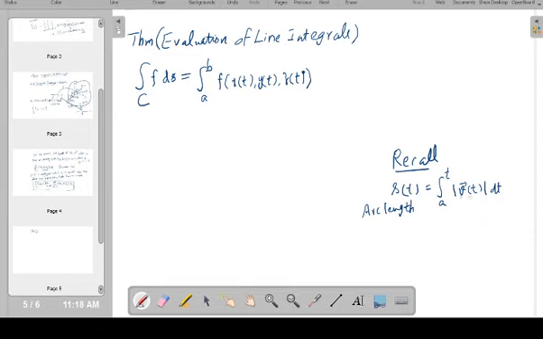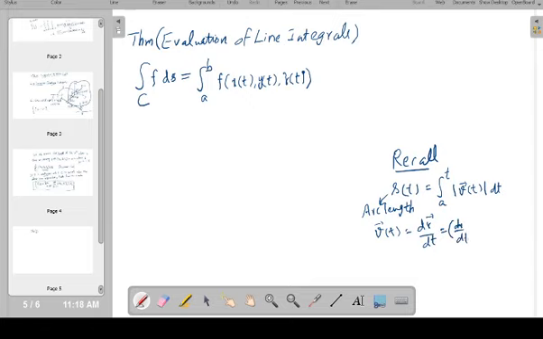What is v? It is the velocity vector. V of t equal to dr by dt, which is equal to dx by dt comma dy by dt comma dz by dt, that vector.